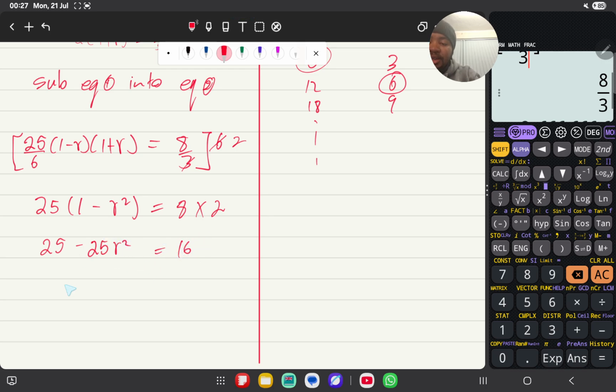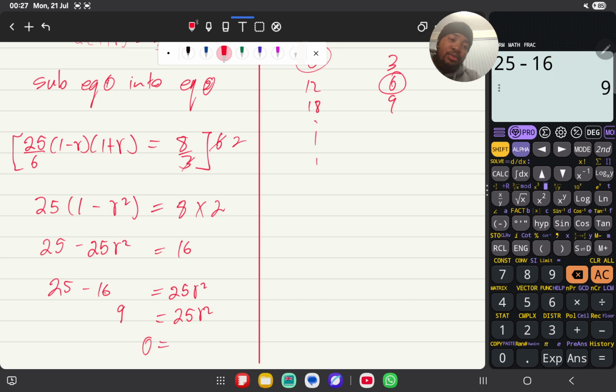Right, and then let me say 25 minus 16 equals to 25 r squared. I believe that is 9. 25 minus 16, that is 9. So 25 r squared. Right, so yeah, let me do this.